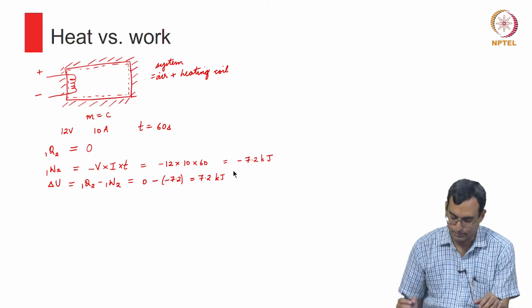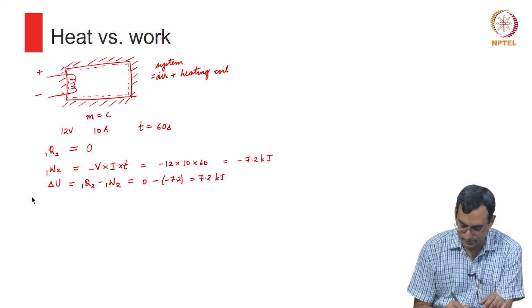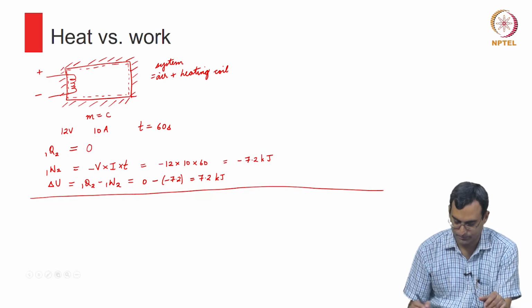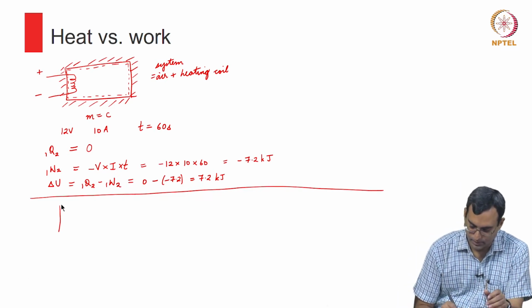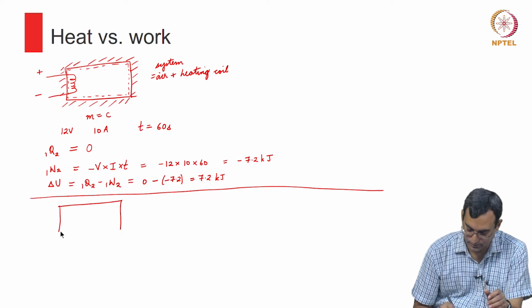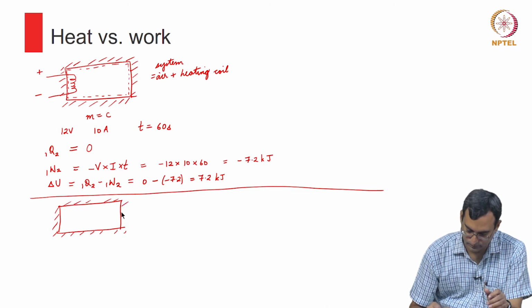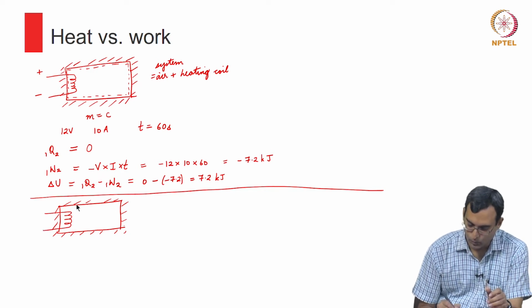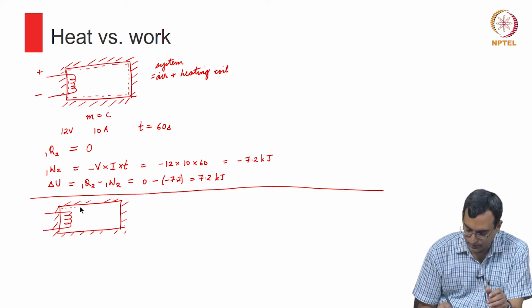Instead of taking the system like this, we could have also taken the system in a slightly different way. So, for example, I have the same configuration. What I can do is also take my system to include only the air.